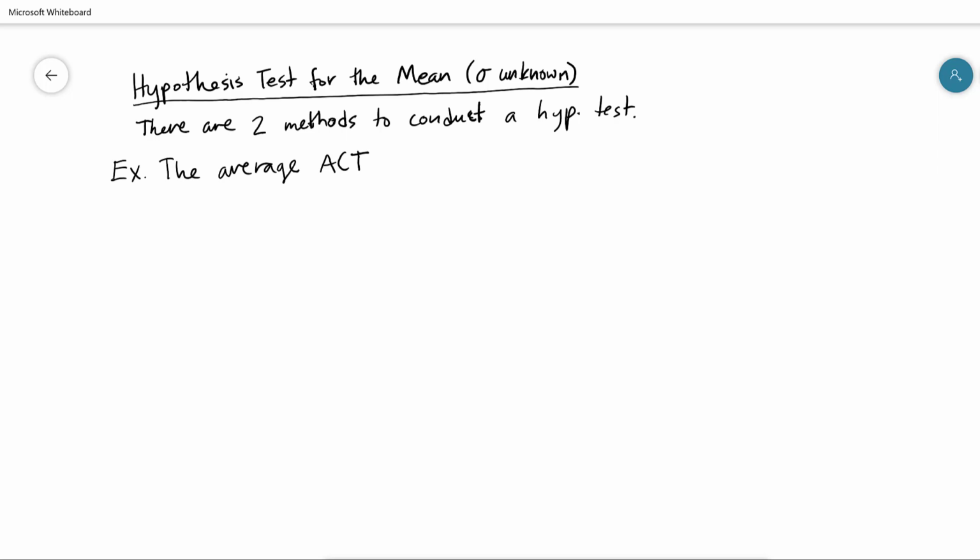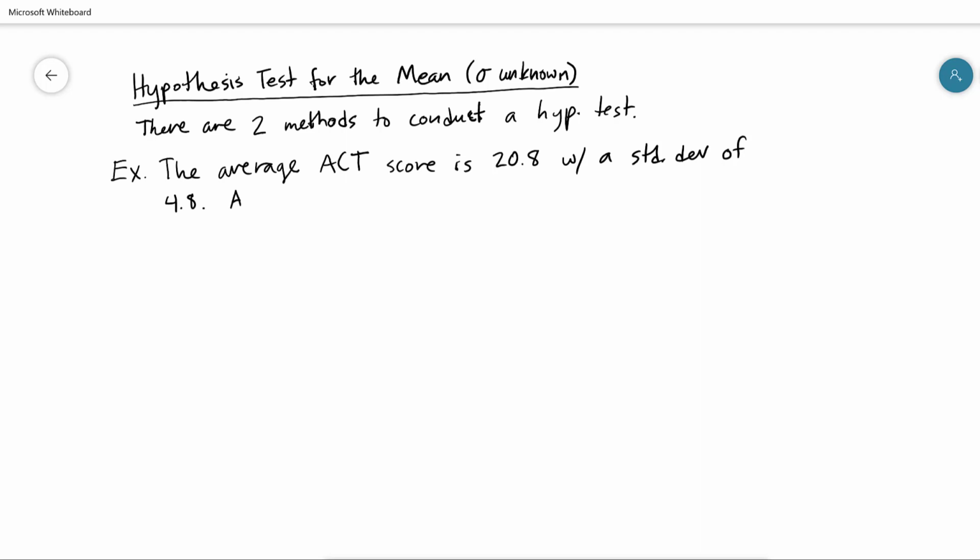The average ACT score is 20.8. The score is, I think, on a scale where it's up to 36. I think 36 is the highest score you can get. So the average ACT score is 20.8 with a standard deviation of 4.8.